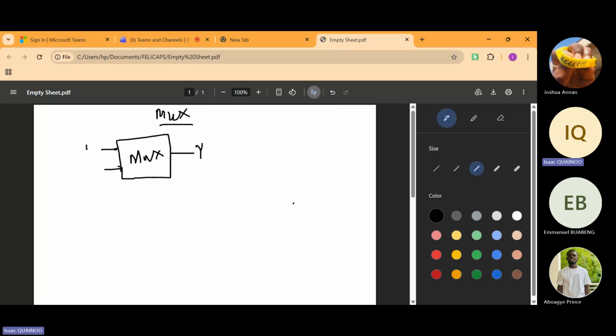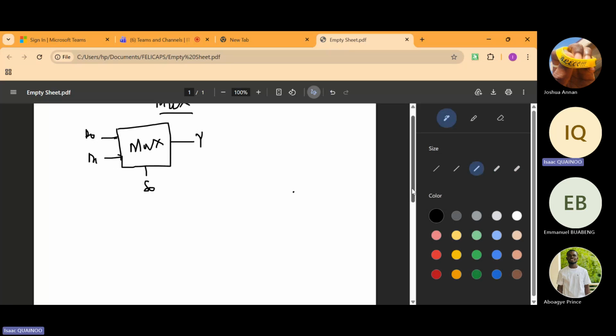So you have D0, you have D1, then you know you are going to use only one select line. So you have S0 and a corresponding Y value.